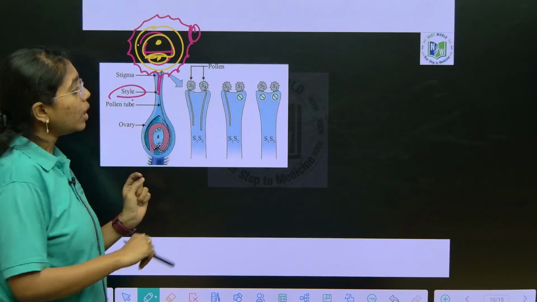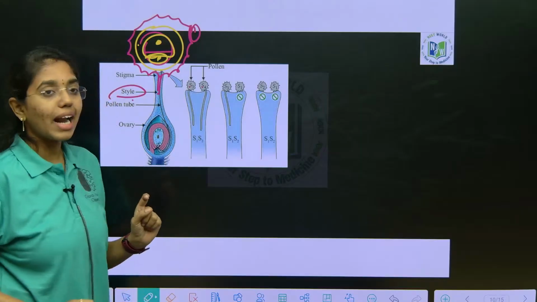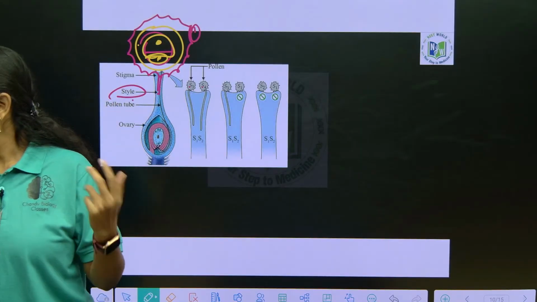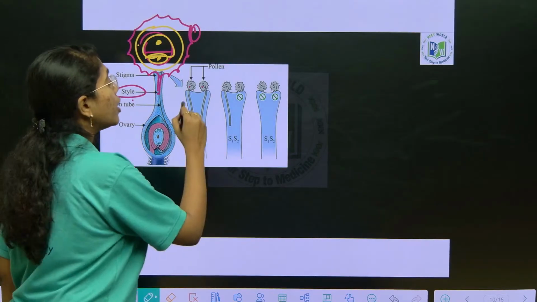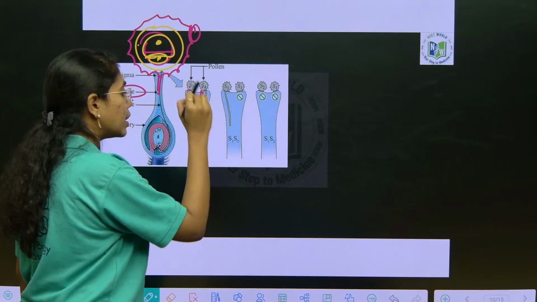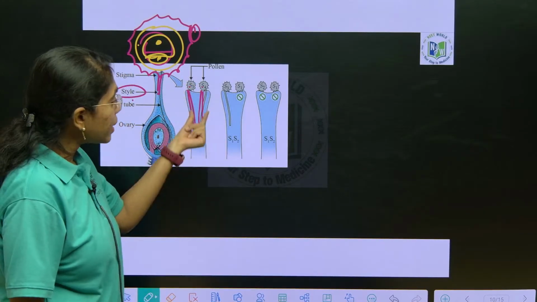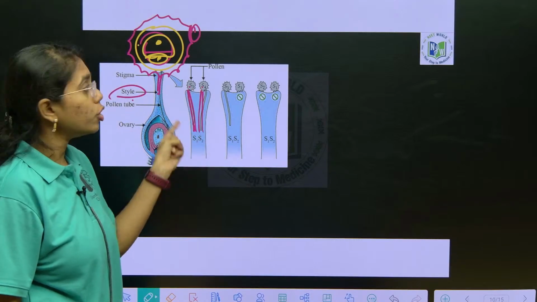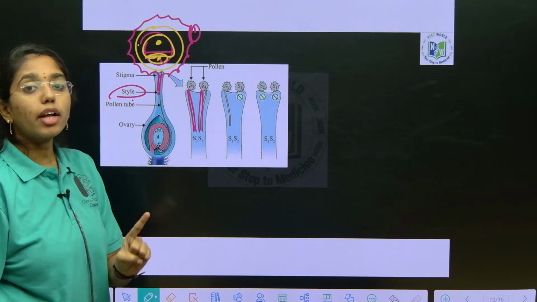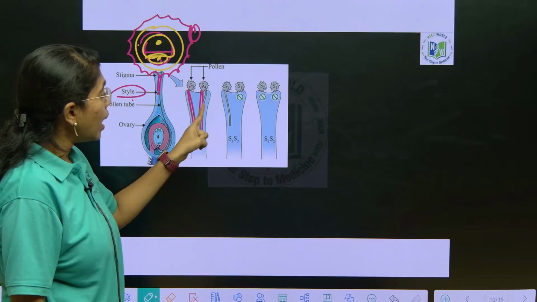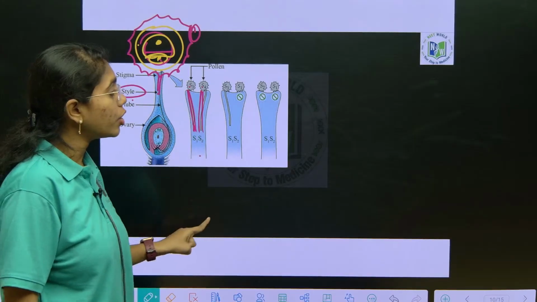For example, if 2 to 3 pollen grains land on the stigma and they are compatible, the pollen tubes will grow parallelly in the style. And at the time of growth of the pollen tube, the generative cell will undergo one more mitotic division in the style region itself, in the pollen tube itself.